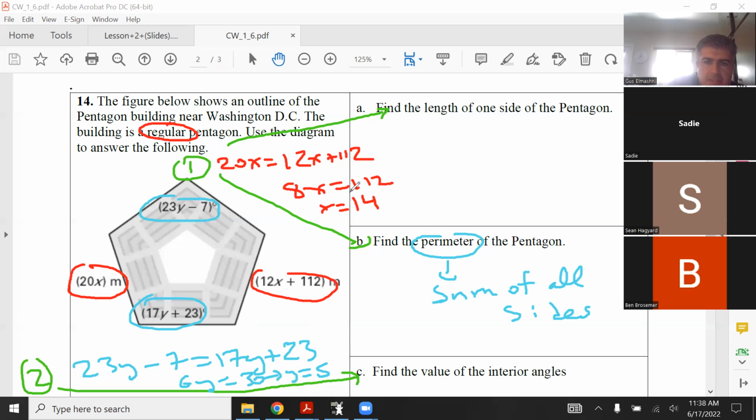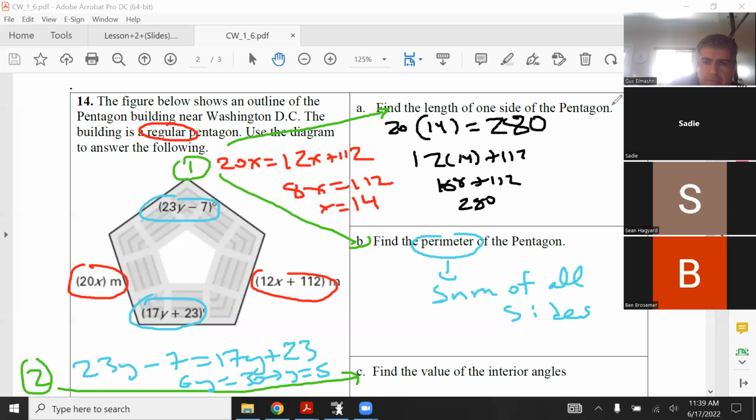What this means is each side is going to be 20 times 14, or 280. Or if you did 12 times 14 plus 112, that would be 168 plus 112, also 280. So 280 would be the length of each side of the pentagon.